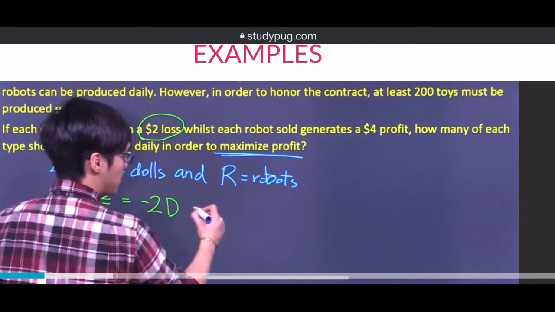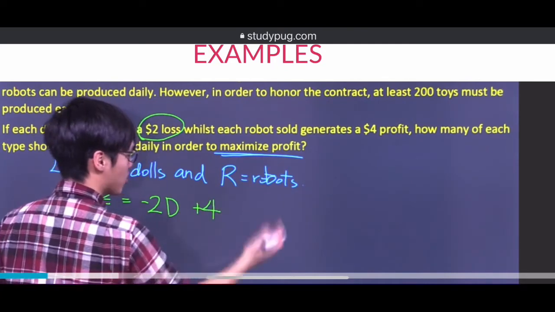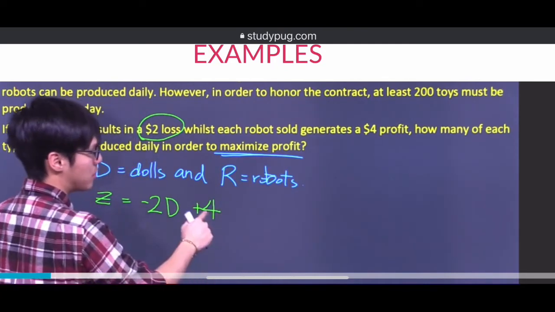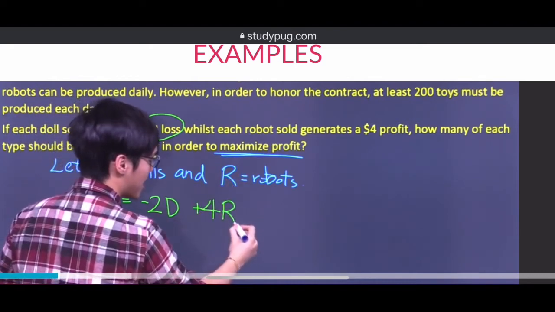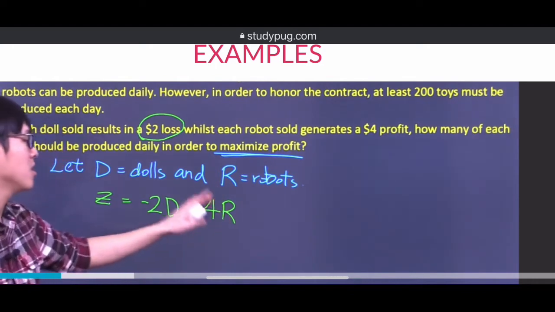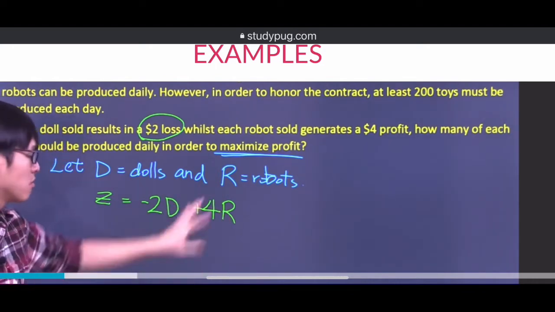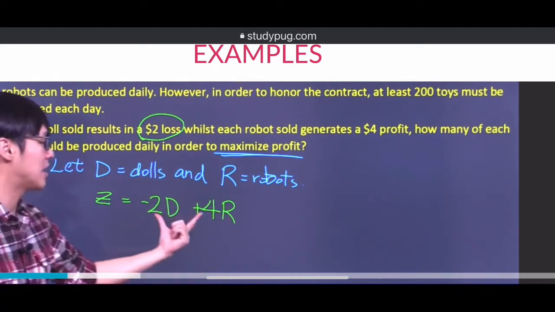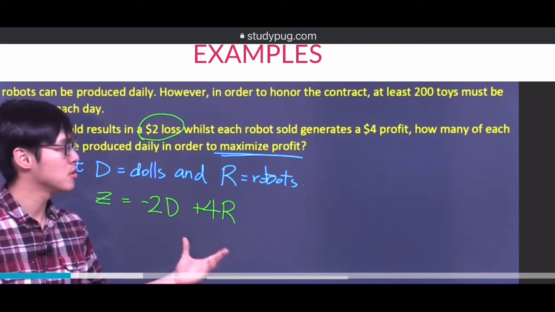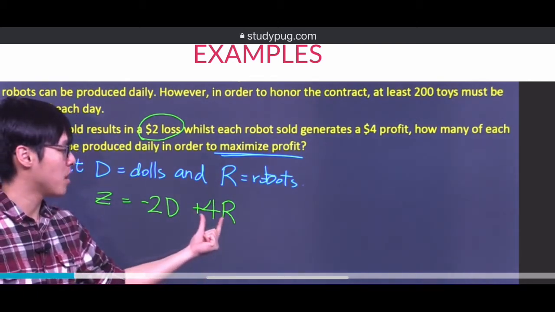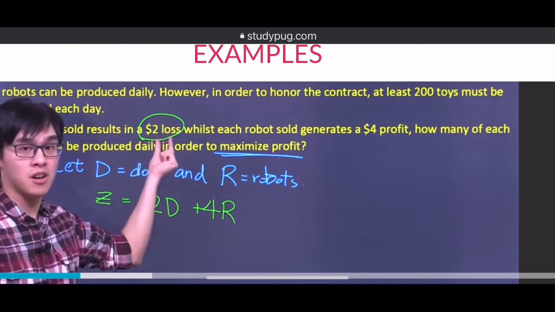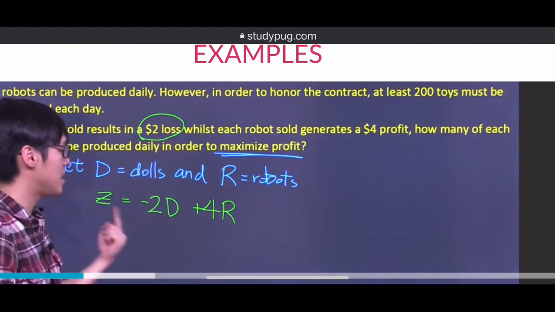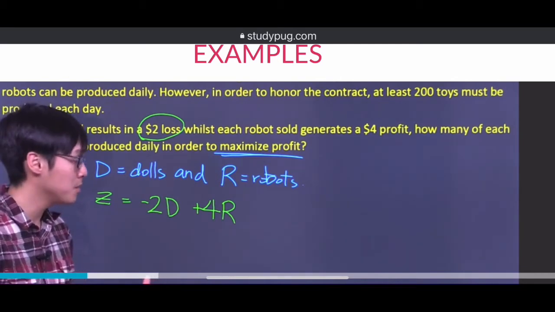So we have +4, it generates profit, right? That's for one robot. So we have R amount of robots, so we have +4 times R. 4 times R, it's the total profit for robots. And you add them up, you get the total profit, okay? So you see, the robots generate a profit, while the dolls will produce a loss. So we have to balance it out and see how we can maximize the profit, okay?